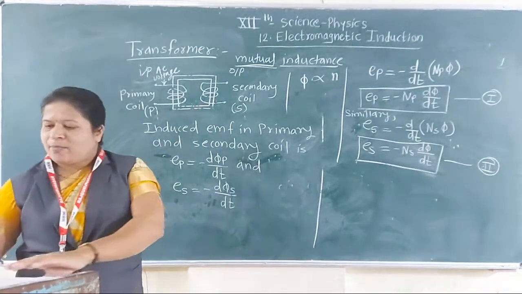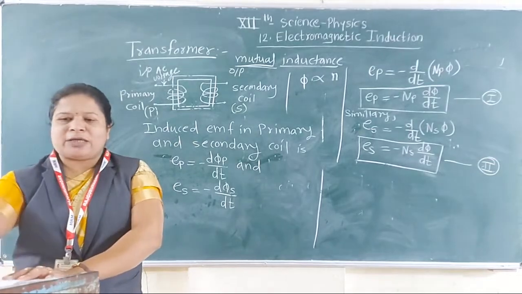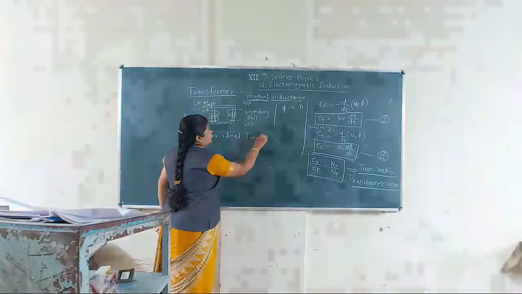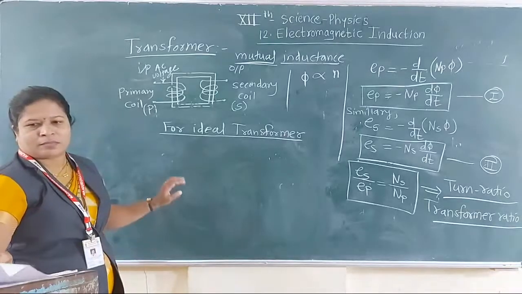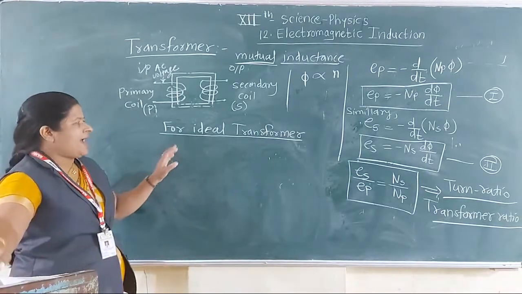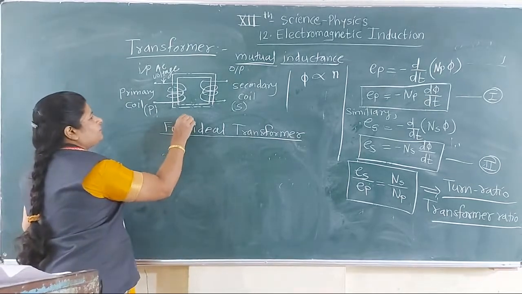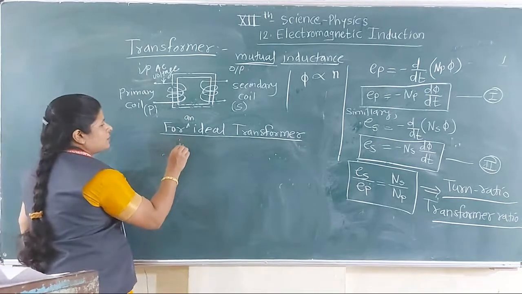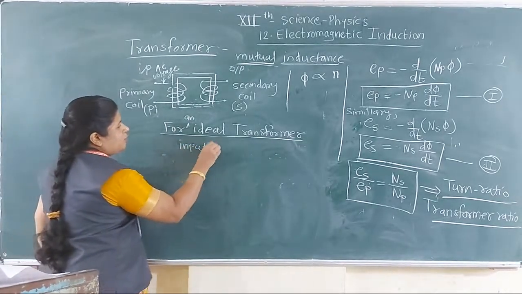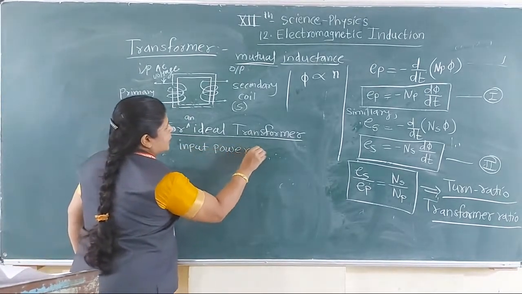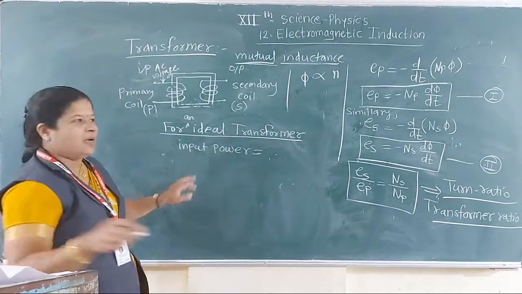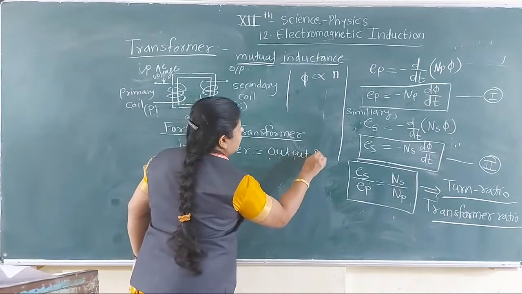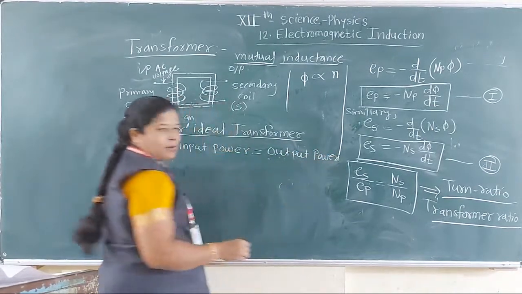Now the most important point, if we take a ratio, for an ideal transformer, input power is equal to output power. Input power is equal to output power.